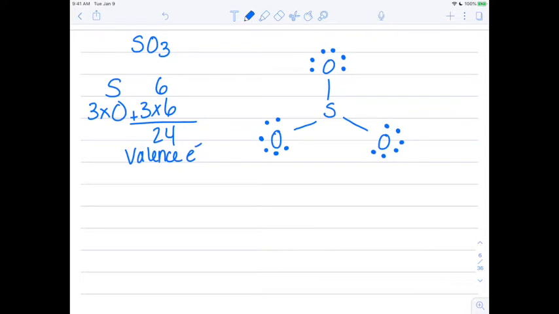I have spent all of my electrons, but is sulfur satisfied? Does sulfur have 8 electrons around it? What do we think? Is sulfur going to leave the party happy? No. Excellent. So what do we do to help sulfur out?